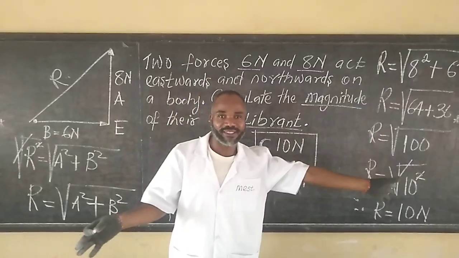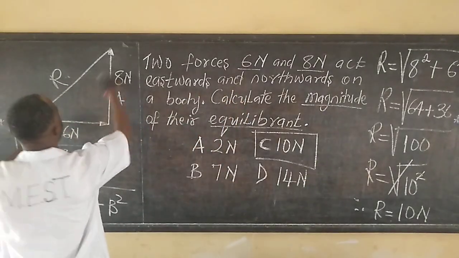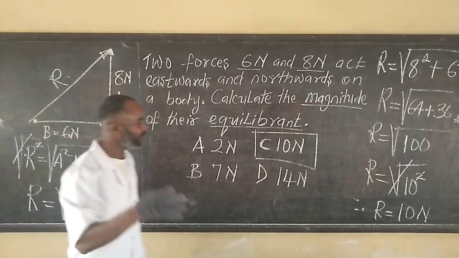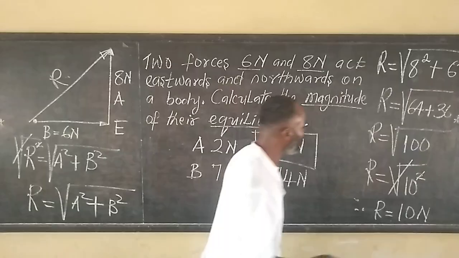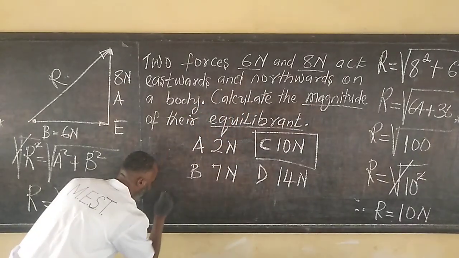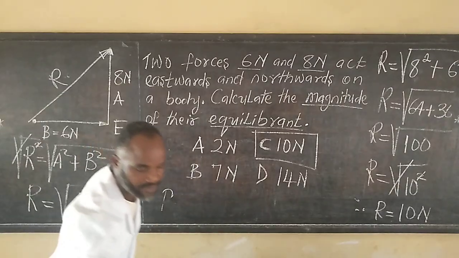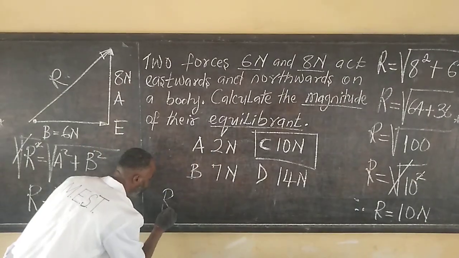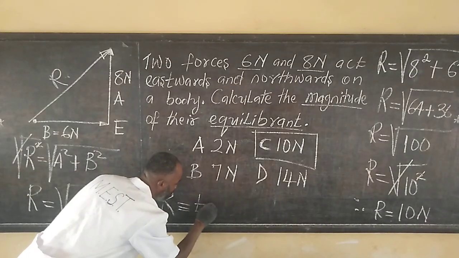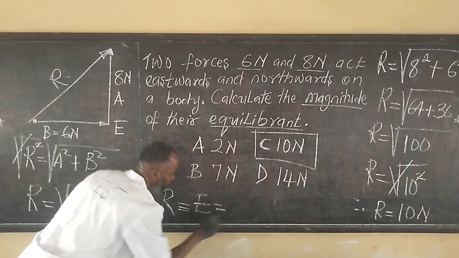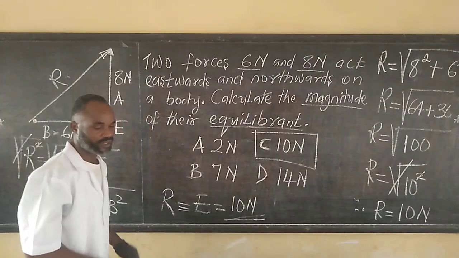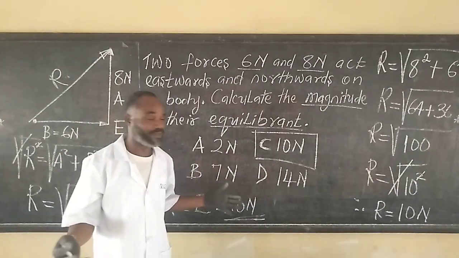So whatever acts opposite must have the magnitude of the resultant. Since we have found R, we have also found E, and the equilibrant is 10 Newton. Solved. That's our recap.